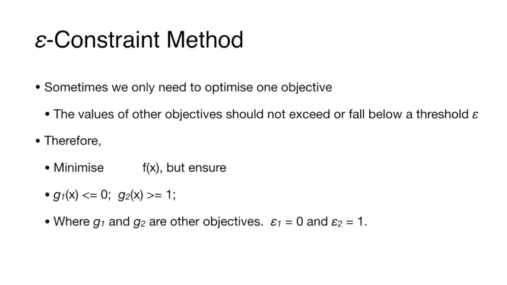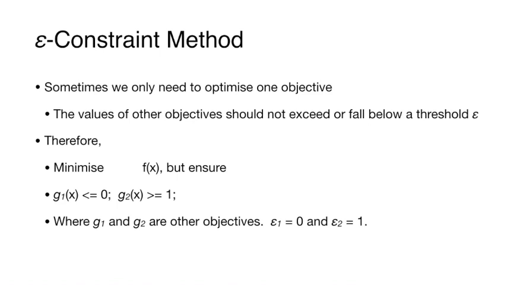However, each time the fitness function is called, it also checks whether the values of the other objectives stay within the prescribed limits. So for example, g1x must be less than or equal to 0, and g2x must at least be equal to 1. Here 0 and 1 are the two respective limits, namely represented by epsilon 1 and epsilon 2.